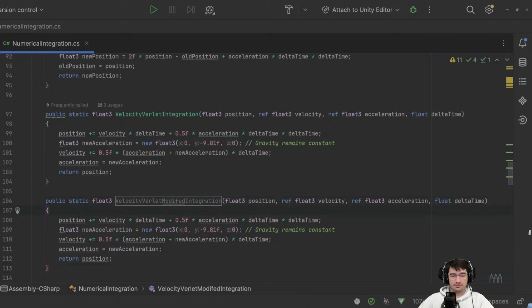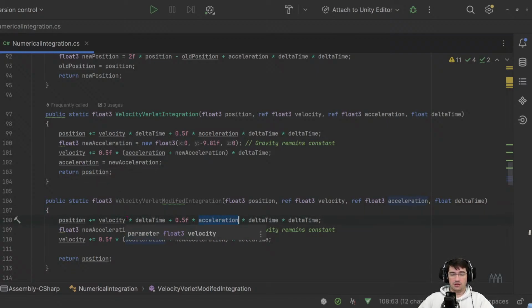Okay. And for this one, I don't want to have this change done, so let's remove this one. But I do need the acceleration to update the position.